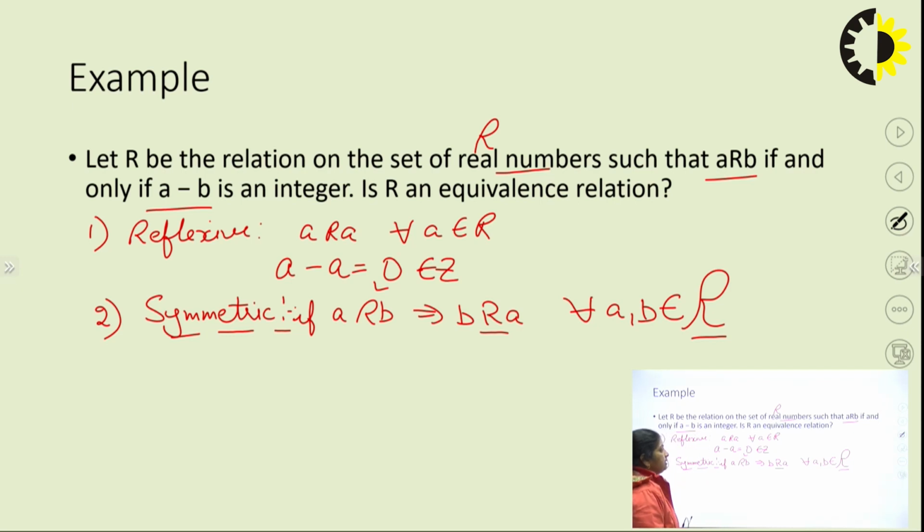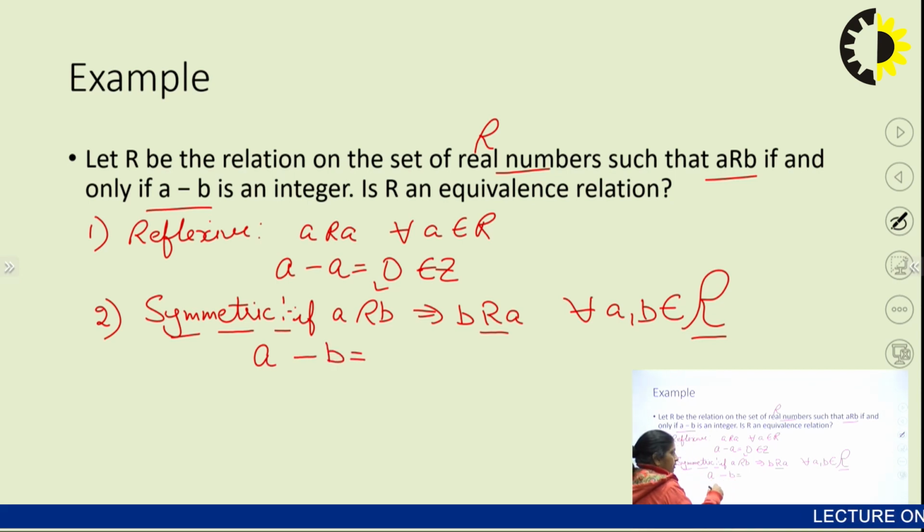So when I see that A is related to B, it means that A minus B is an integer. Let us denote it by M. So what is given to us?